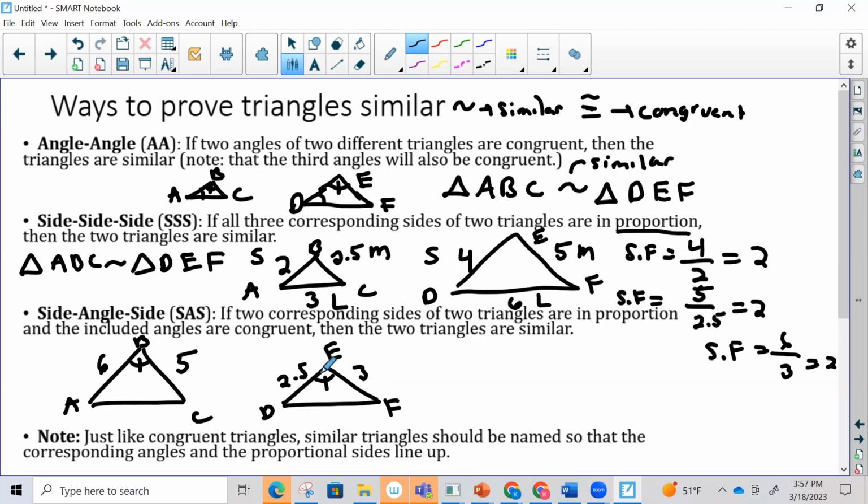I have to check that the side lengths are proportional. So to do that, again, I'm going to divide the corresponding sides. Now, again, be careful. 6 is the larger of the 2 numbers. 5 is the smaller. In this one, 3 is the larger and 2.5 is the smaller. So when I'm dividing to see, are they proportional?